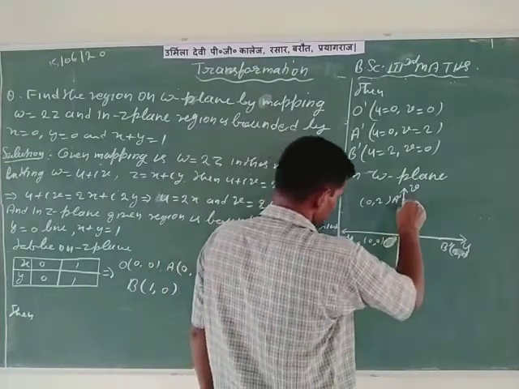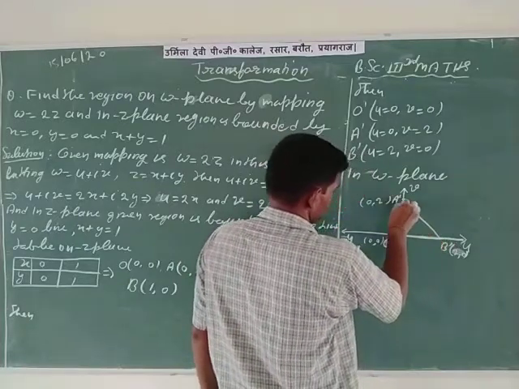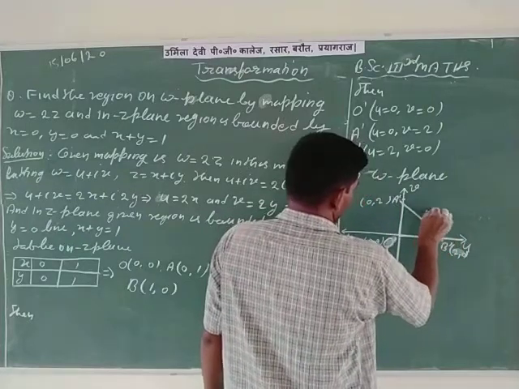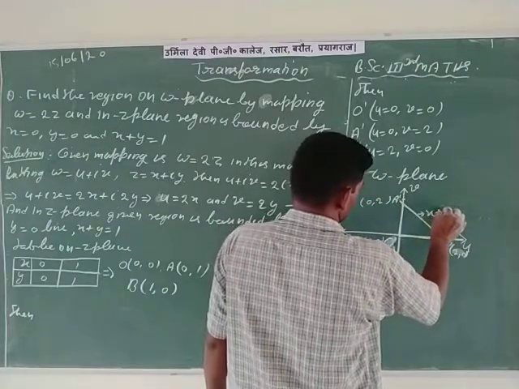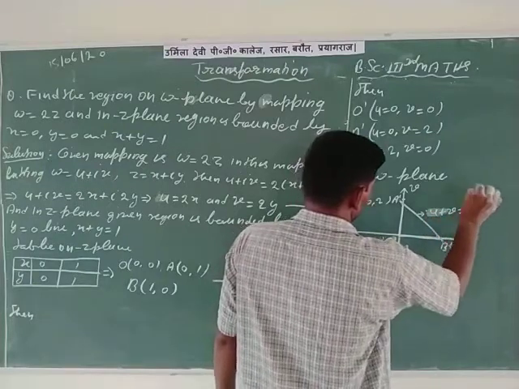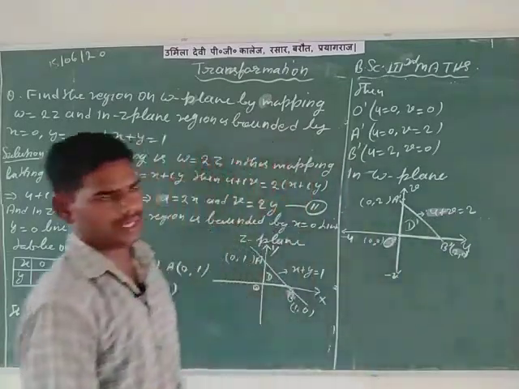After this, joining these 3 points, this line's equation is u plus v is equal to 2, and this area is denoted by capital D dash.